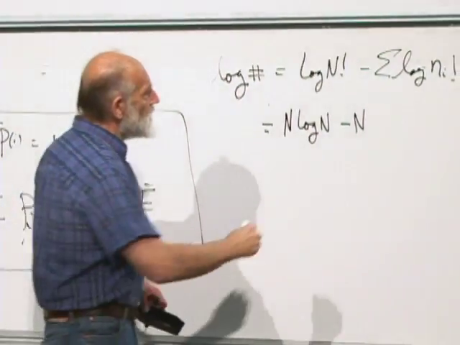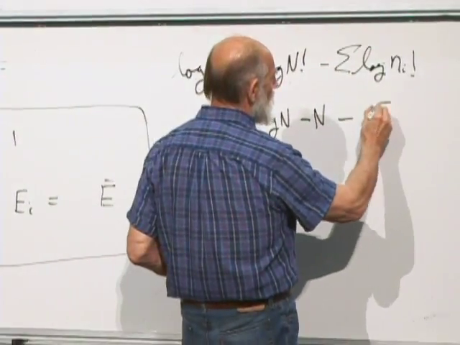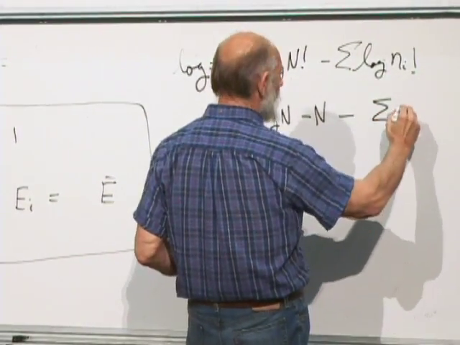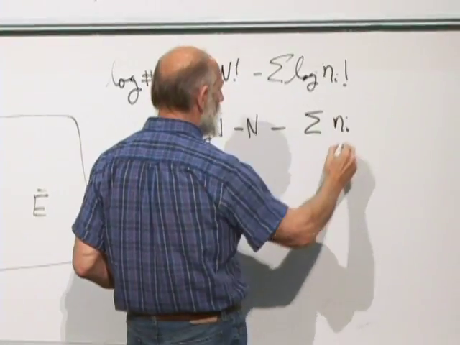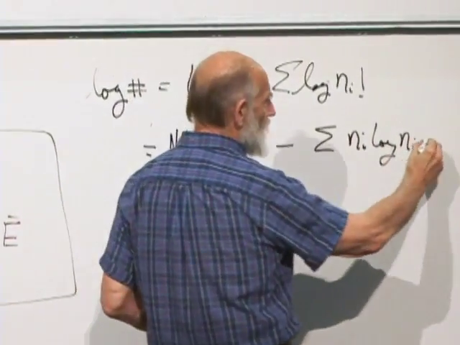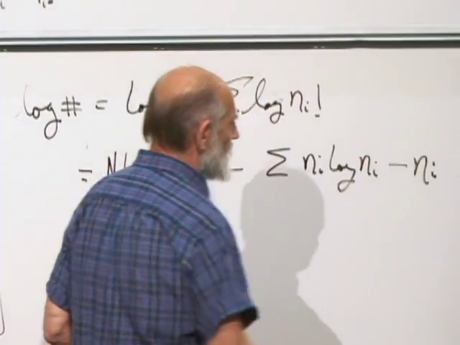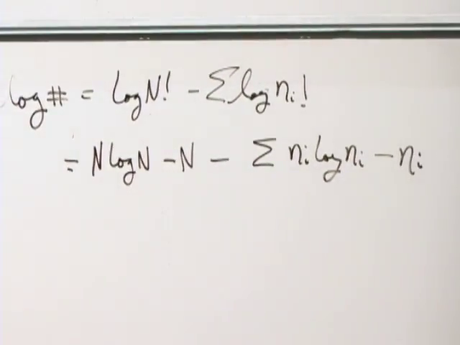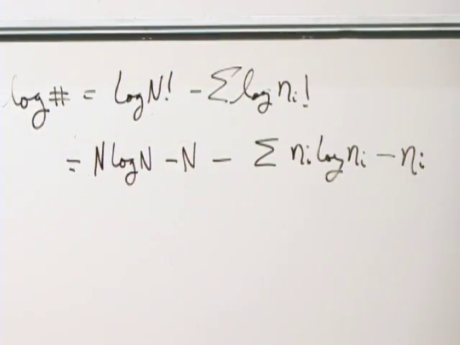And then we have minus the summation of n sub i log n sub i minus n sub i. That's it. Now let's work on it a little bit.